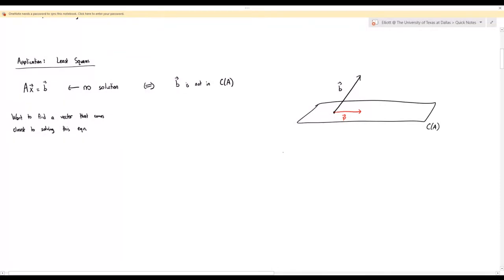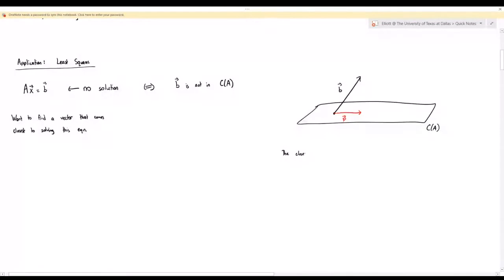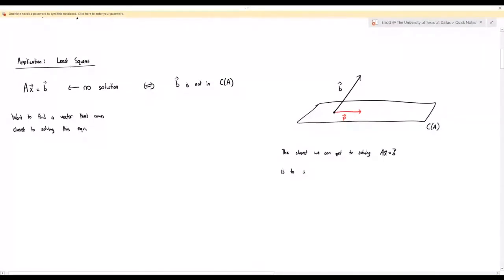So in a sense, the closest we can get to solving the equation Ax equals b is to instead solve the equation Ax equals p, where p is the projection of b onto the column space of A. Now this equation is going to have a solution because p is in the column space of A. And the idea is that p is the closest that we can get on the right-hand side to vector b.